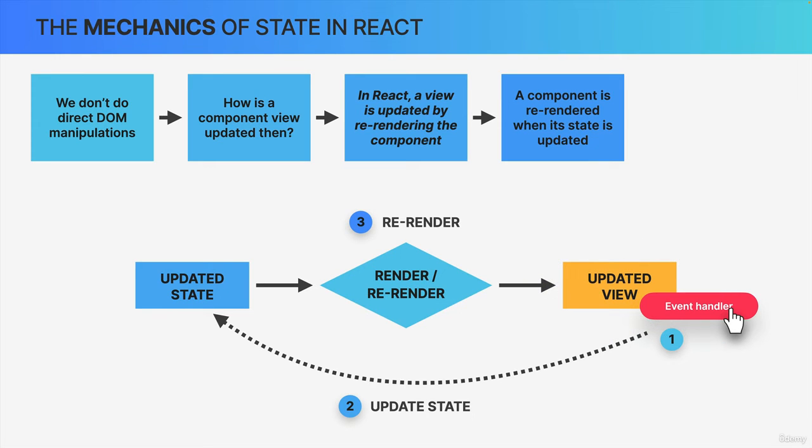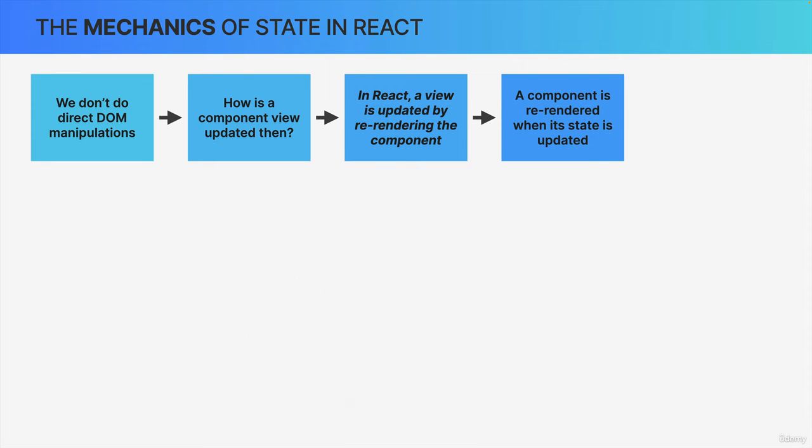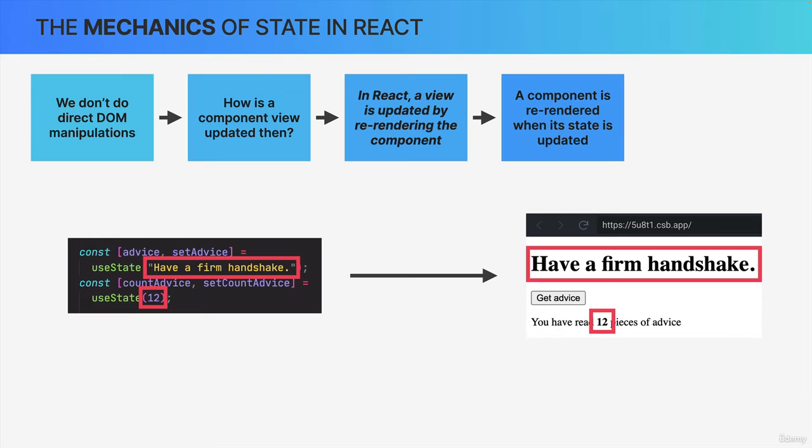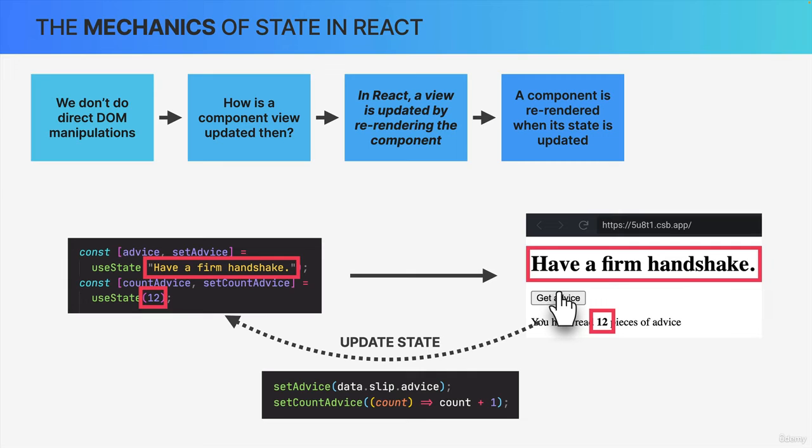Or as a more real example, we can look at the Simple Advice app that we built right in the first lecture of the course. So in that application, each time we click the Get Advice button, a new piece of advice is fetched from the API. Then, when that data arrives, we store the data in the advice state variable. So we update the advice state.